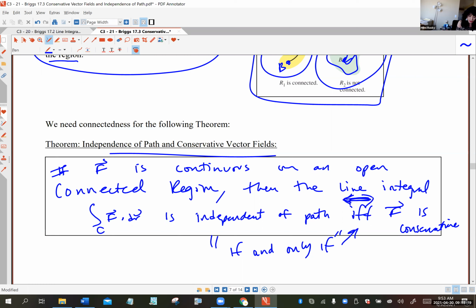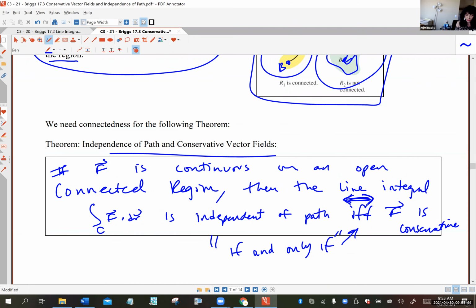You can also, using symbols, identify an IFF statement with a double header arrow. I can read it forwards and backwards, and it's still true. Now, not all statements are like this. If you have a regular if statement, it can only be read in the forwards direction and still be valid. But an IFF double header, you can read it forwards and backwards, and it's still true.